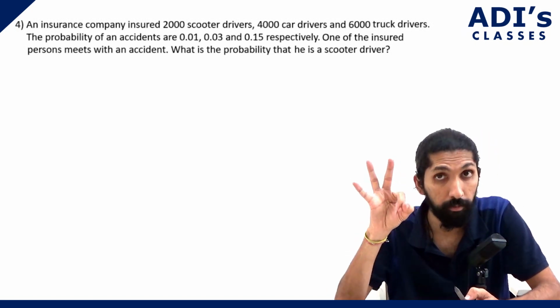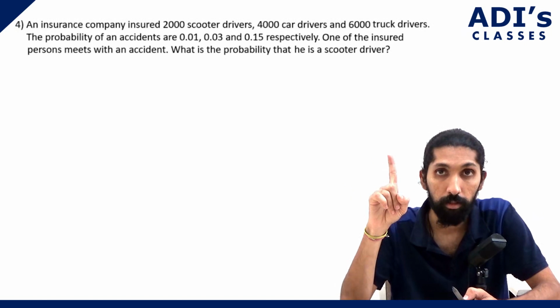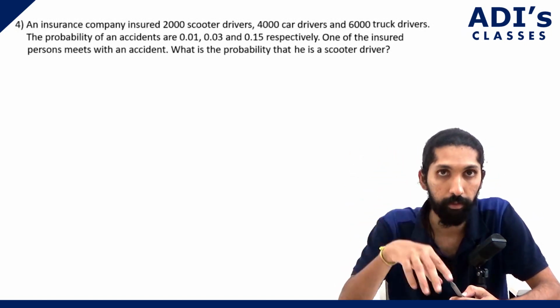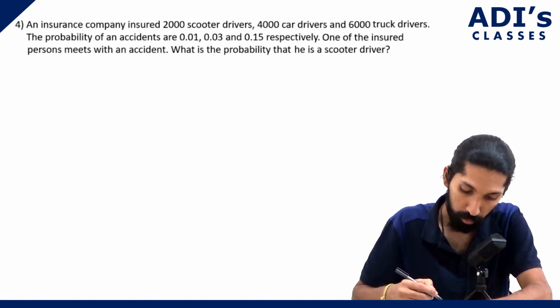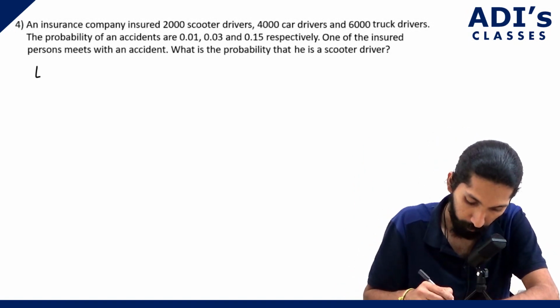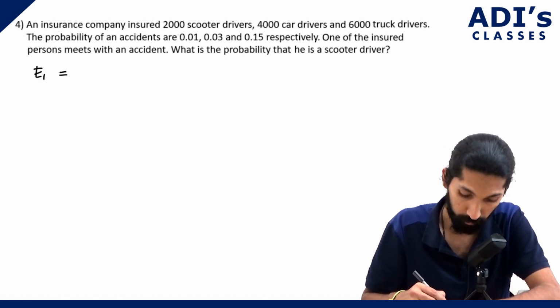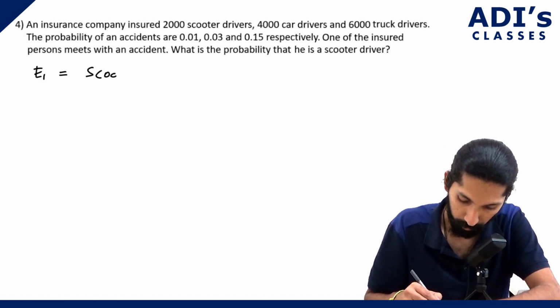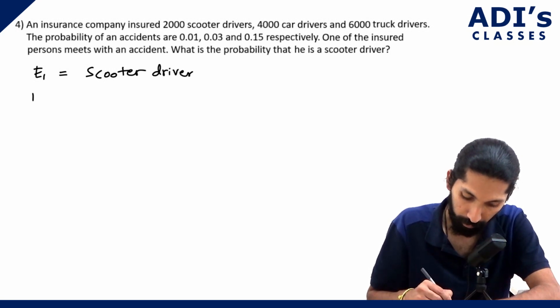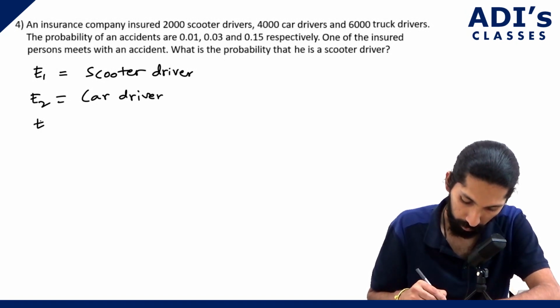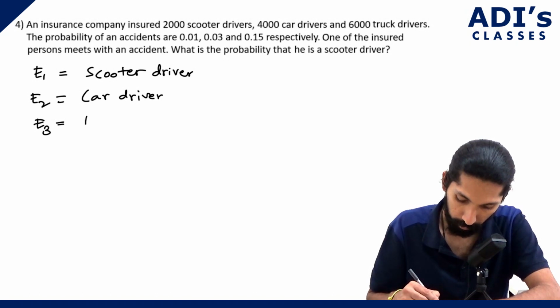Okay, now we have 3 events. First is a scooter driver, second is a car driver, third one is a truck driver, correct? So what we'll do, we'll take E1, let E1 be the driver is a scooter driver. E2 is going to be a car driver. And E3 is going to be a truck driver.